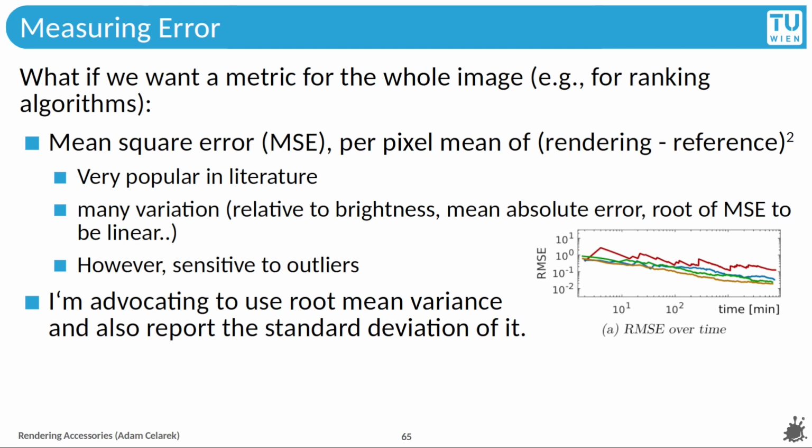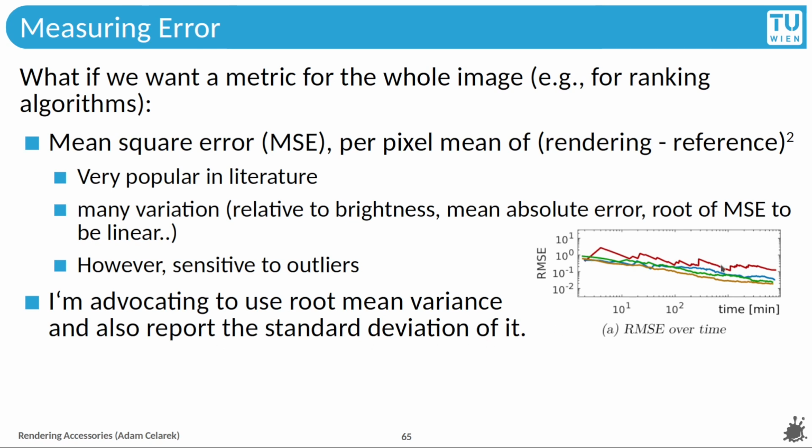There are many variations of that, for instance computing the error relative to the brightness of the reference like we saw at the beginning, or computing mean absolute error which weighs outliers less, or computing root mean square error which is linear like standard deviation. All these methods are sensitive to outliers, for instance fireflies in the case of path tracing.